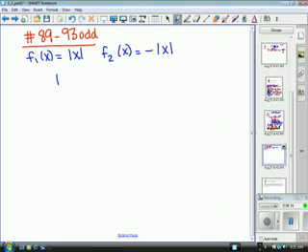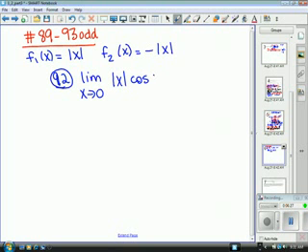And for instance, on number 92, they want you to do the limit as x approaches 0 of absolute value of x times cosine of x. Now, you would think you could just plug 0 in and get the answer. But because this has some weird characteristics about it, it's got an absolute value and a trig function, you might want to check it graphically just to be sure.